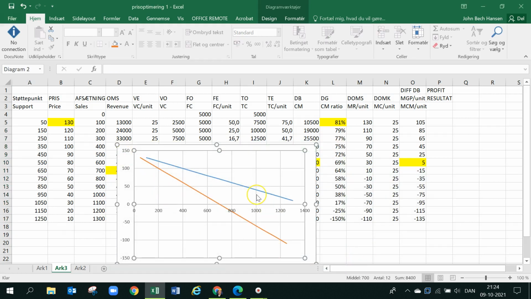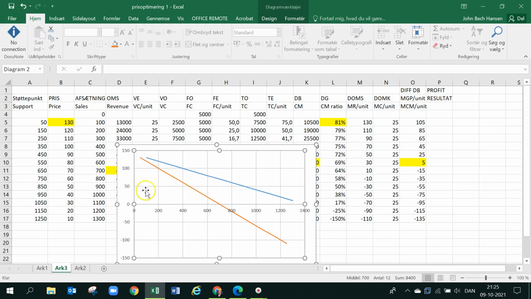And it looks right because we know, of course, that when the price sale curve is a declining straight line, then the marginal revenue will also be a declining straight line with the double slope of the price sale curve and the same interception point of the y-axis.